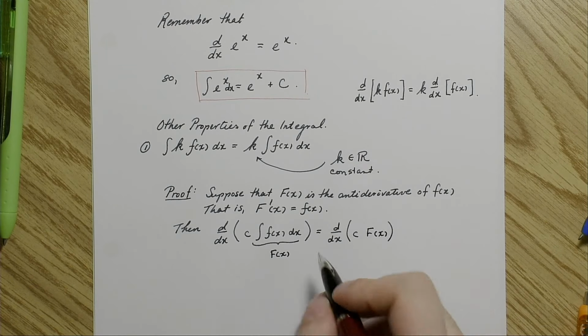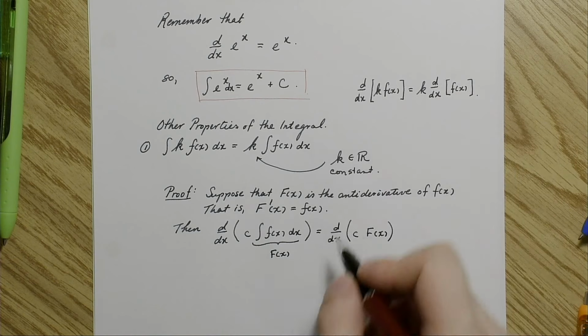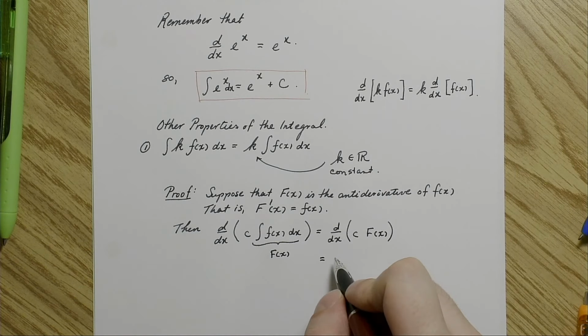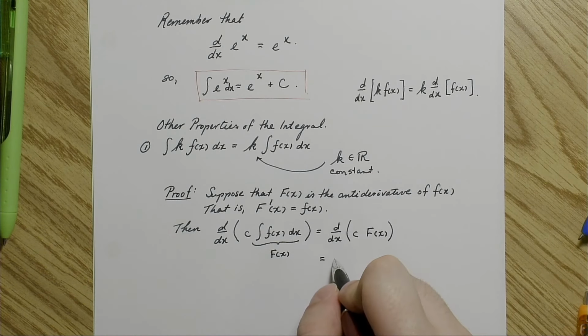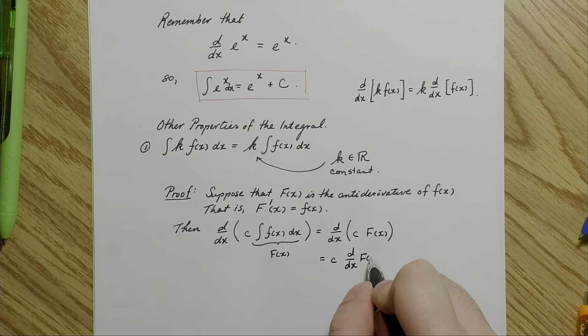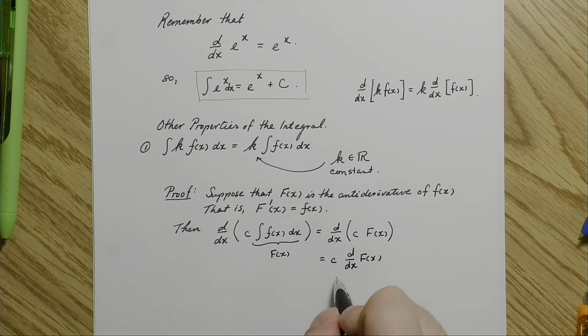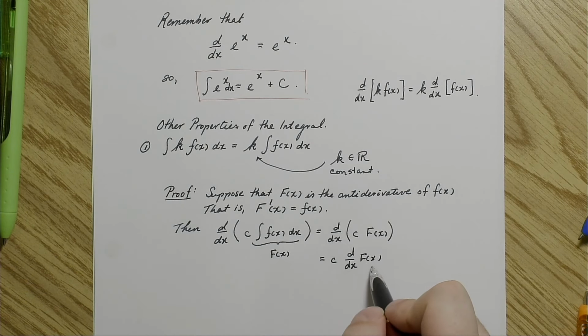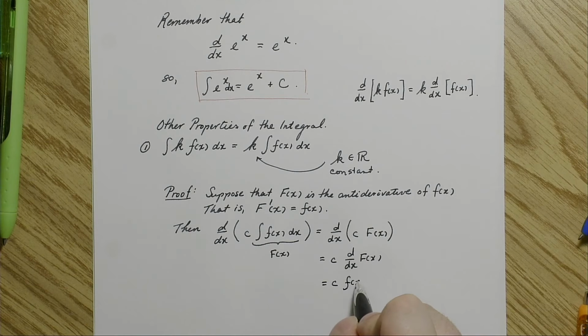And since this is a function, very similar to our rule up here, I can do the same thing. So I get c d by dx, capital F at x. And since capital F at x is the antiderivative, and I take the derivative of it, I get back to my original c of f at x.